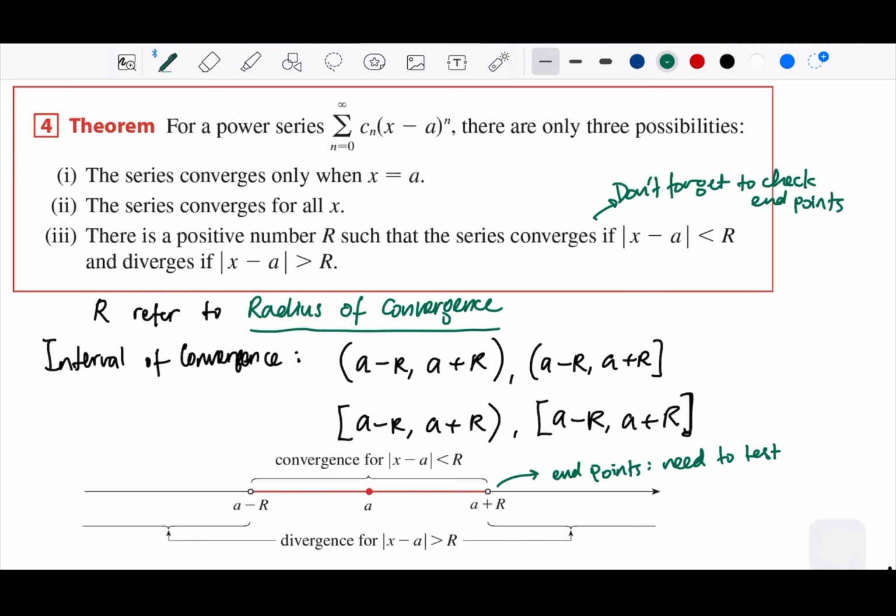Okay, maybe some examples to let you become familiar with the power series. Okay, I think I can give examples.